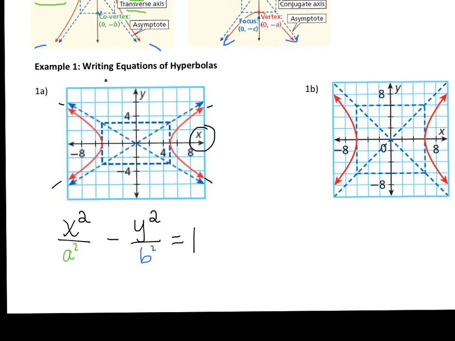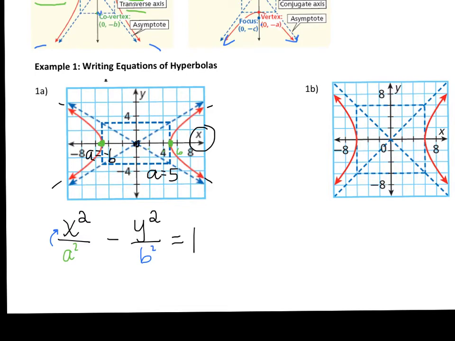So a squared is going to come from the x-axis. Let's look at the x-axis and figure out where the hyperbola crosses right there and right there. It looks like this scale's going by 2s: 2, 4, 6, 8. And since it's halfway between the 4 and the 6, it looks like our a is positive 5 and negative 5.